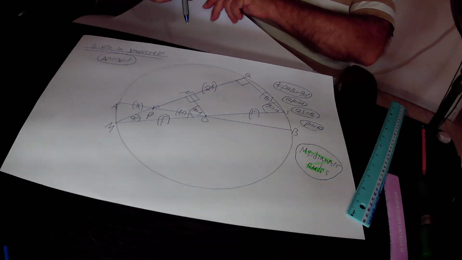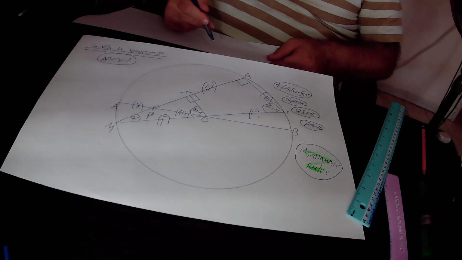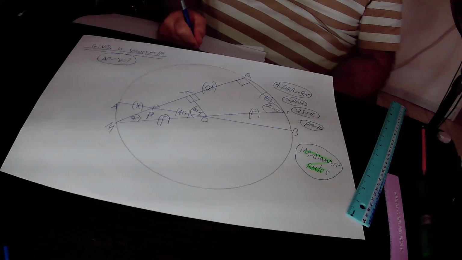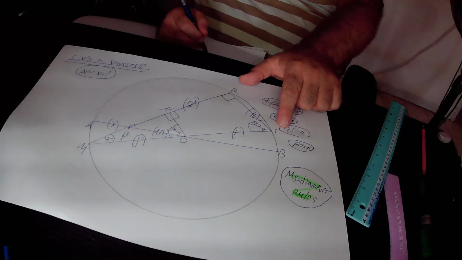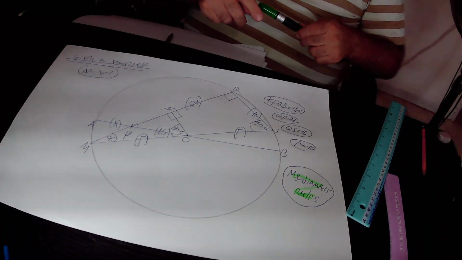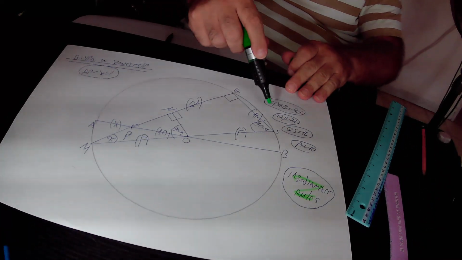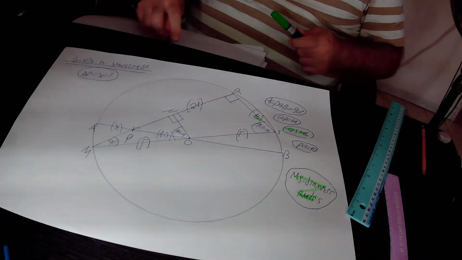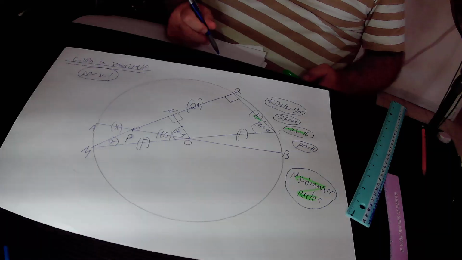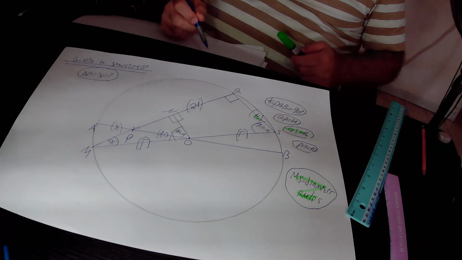ON is the missing side, so we leave it as it is, over QS. According to what is given in the question, QS equals 16 units in its length. And it is equal to OM.